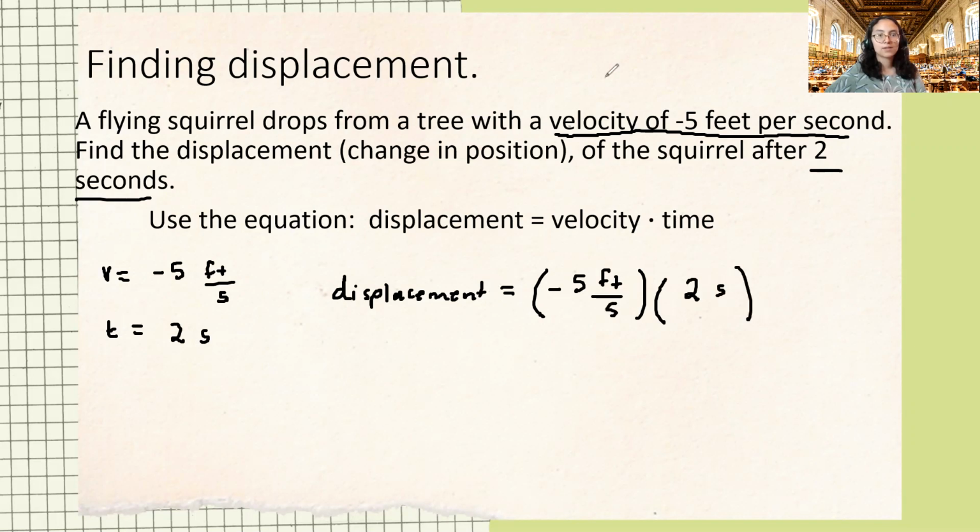Here I notice that my seconds cancel. I have seconds in the denominator, and I have seconds up here, so they cancel. And we multiply: we have -5 times a positive 2, so I know that my answer is going to be negative. Now I can multiply 5 times 2, which is 10, and bring down my units of feet. So my displacement will be negative 10 feet.